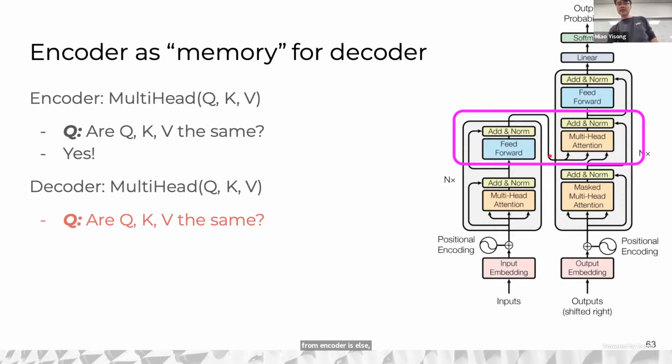So it means that the query is from the decoder itself, after its own self-attention, but the keys and values are from the encoder, right? So please recall our previous example in English and French translation, right? Because we have the encoded source language, everything in hand, and we can use that as a set of well-calculated keys and values.